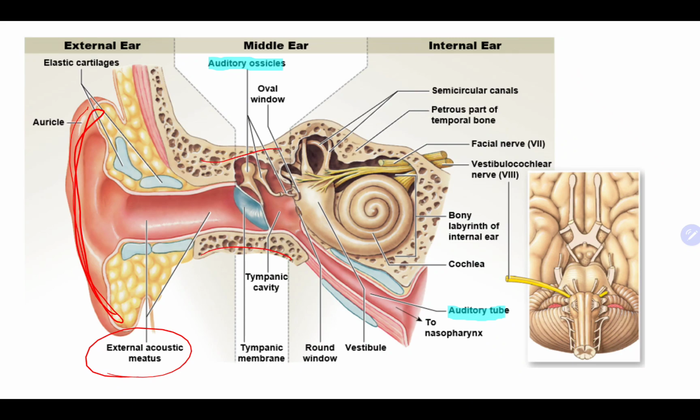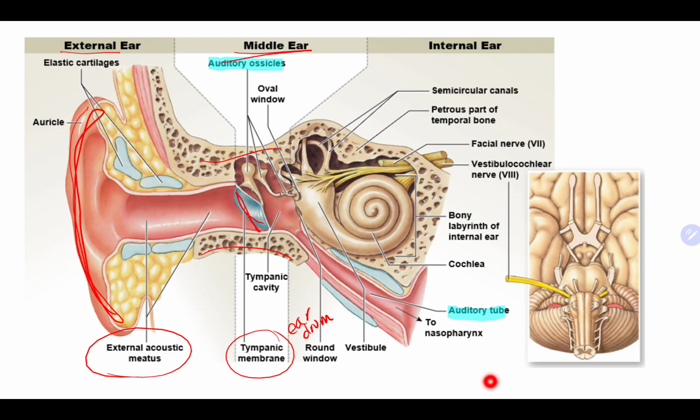Then at the end of the external ear, we have this flattened sheet that's called our tympanic membrane, or your eardrum. That eardrum is going to be the divider between the external ear and the middle ear.